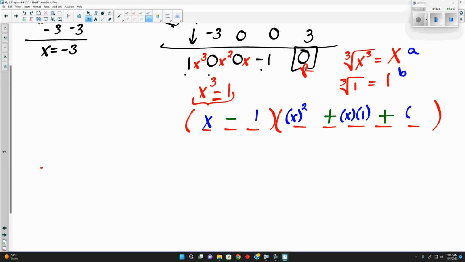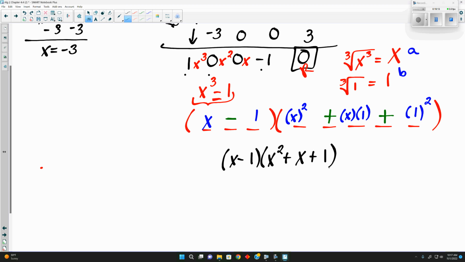And lastly, we would have 1 squared. So when we simplify this, we get x minus 1 times x squared, 1 times x is going to be x, and 1 squared is 1. Questions on this so far?